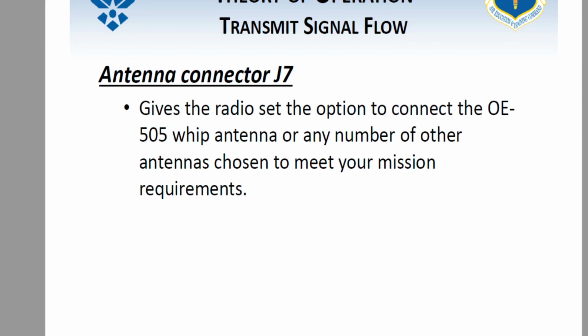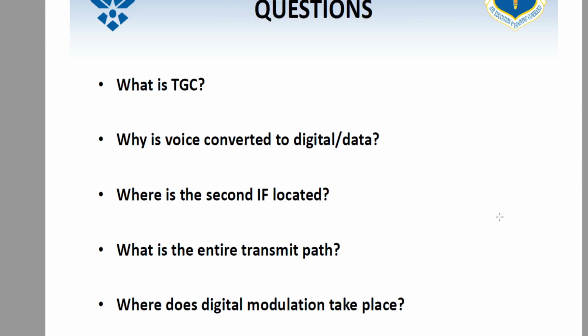All right, so that or any number of other antennas can be chosen to meet your mission requirements. In block 10, y'all are going to get to use something called a BNW, and that's going to be your HF antenna. That's the Barker and Williamson antenna. It's directional, so it's pretty cool. You guys get to set that up. You'll also get to set it up, I believe, in block 4 as well, but I don't teach block 4, so I can't speak to that.